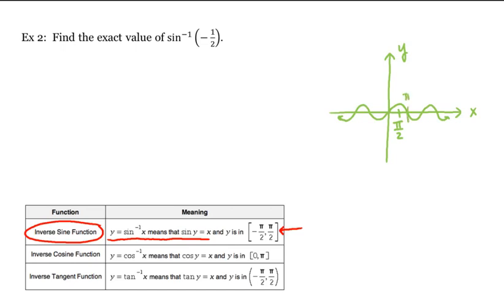This is pi. This is 3 pi over 2. And so on. And over here, this is negative pi over 2. This is negative pi. This is negative 3 pi over 2.